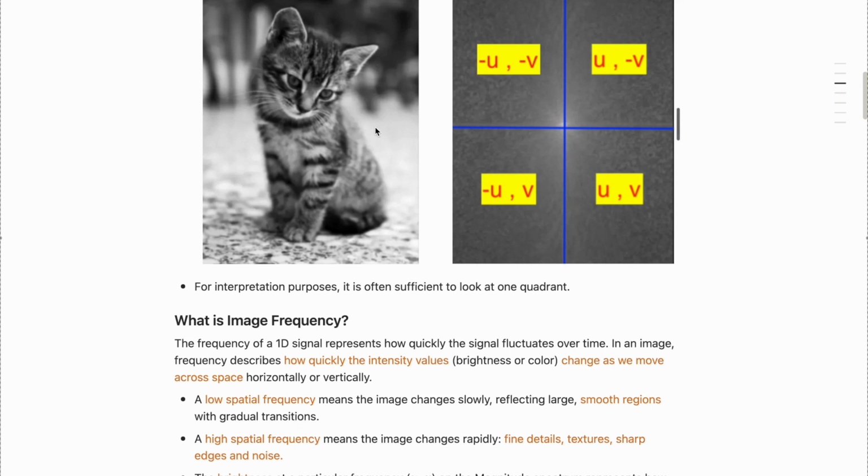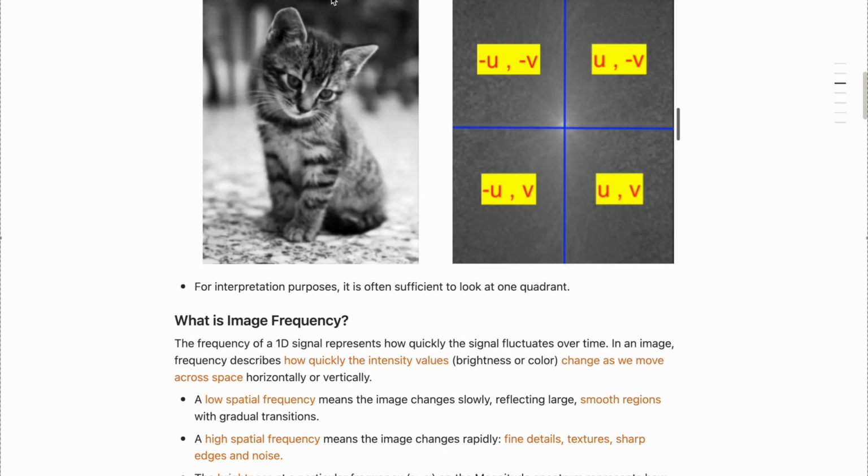For example, these white areas here have virtually no variation in the horizontal or vertical orientation. So they have a horizontal frequency and a vertical frequency that's close to 0. The sum of all the pixels with this near 0 variation appears at U0, V0 near the center.